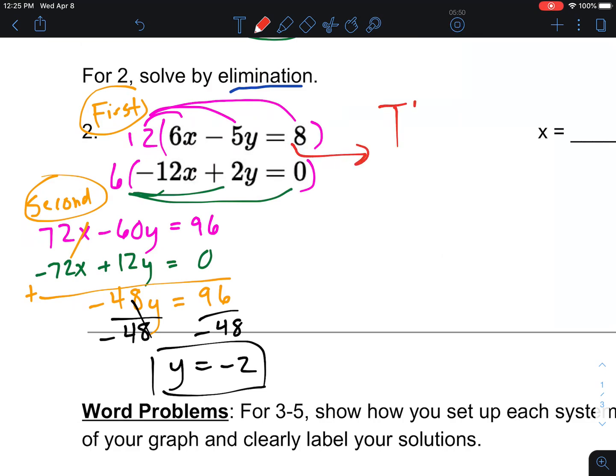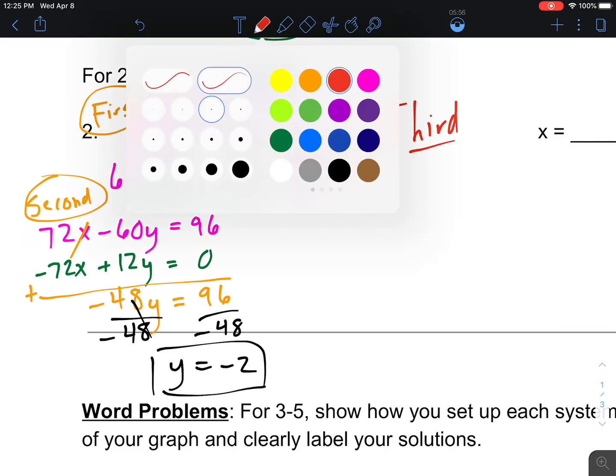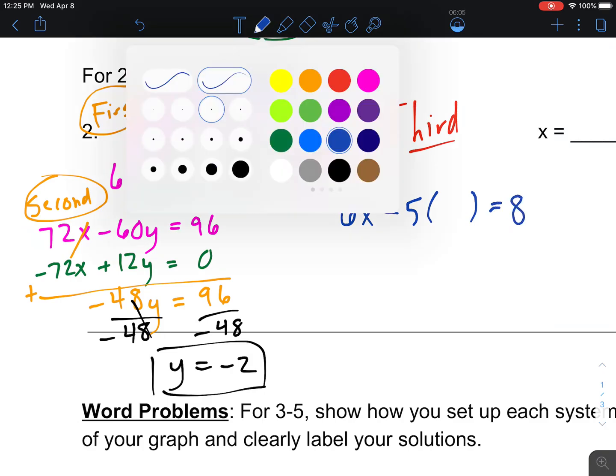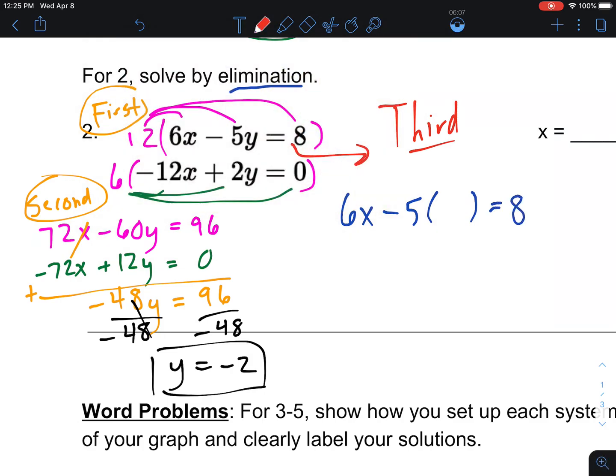So the third step, and again, this is your call. Whatever you think will be an easier row to plug into. You could pick row 1, you could pick row 2. Mainly, I'll pick row 1. We're going to make sure we plug in and accurately combine like terms and solve. So I'm going to substitute that value of negative 2, because that's what y was equal to.